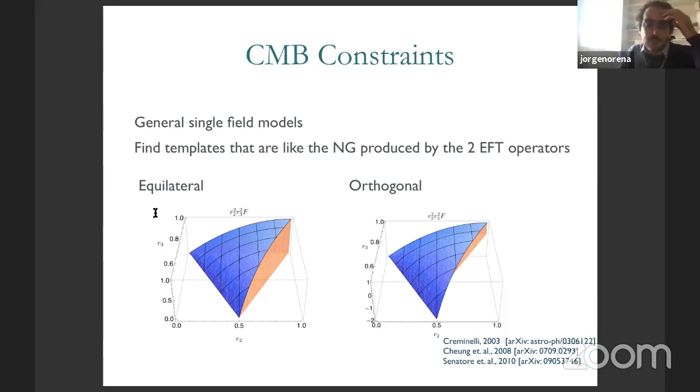People indeed have constructed the so-called equilateral shape, which is a bit of a misnomer. Of course, it's a non-zero 3-point function all over the parameter space, but it peaks in the equilateral configuration. And an orthogonal shape, which is orthogonal in the sense that it has nearly 0 overlap with the equilateral, such that you have 2 independent data points that you can compare with your single field model.